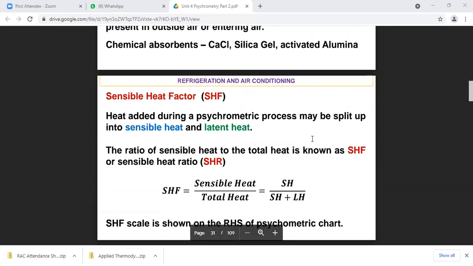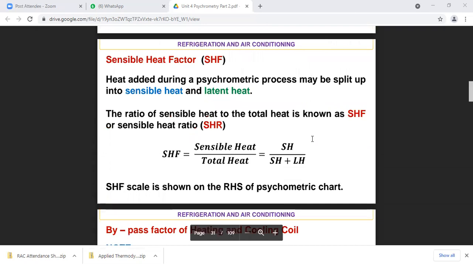Next, we are going to see the sensible heat factor. We know that the heat added during psychrometric processes may be split into sensible heat and latent heat. During these processes, the sensible heat factor has to be determined. How do we determine it?